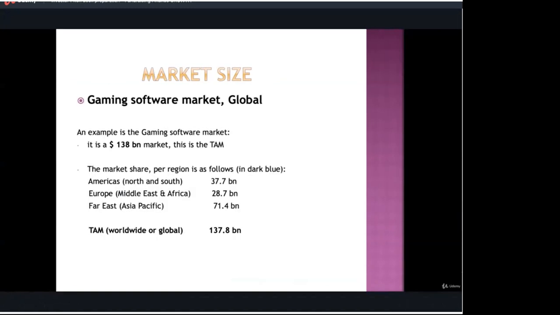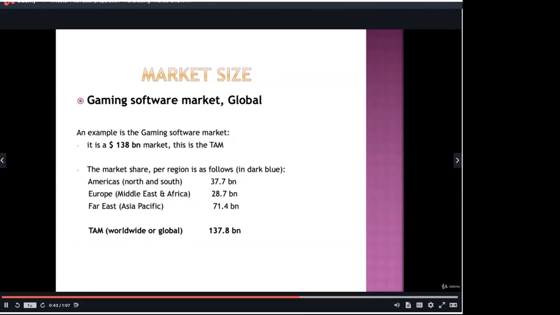The biggest spend is in these regions: the Americas, North and South, $37.7 billion, Europe, Middle East and Africa, $28.7 billion, Far East, Asia Pacific, $71.4 billion.